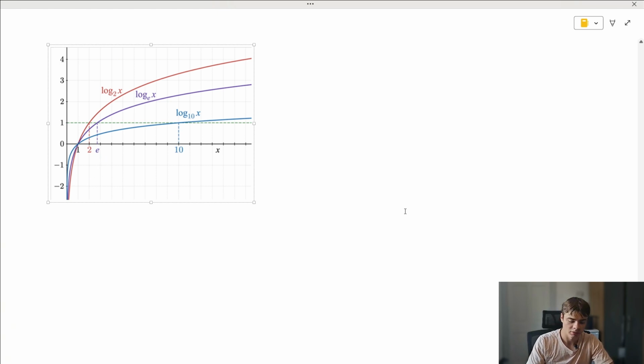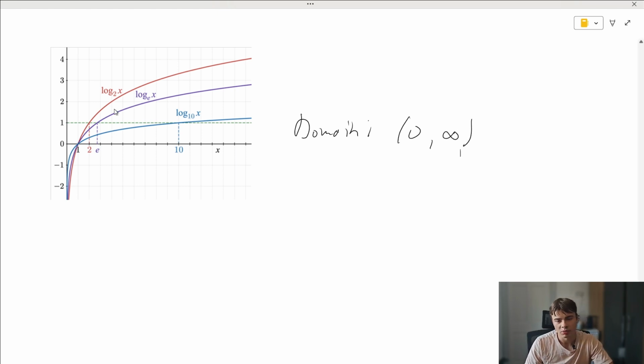The domain is from 0 to infinity. So inputs can be from 0, but not including 0. Like a very small number, but not 0. To infinity. 0 and all the negative numbers are undefined.